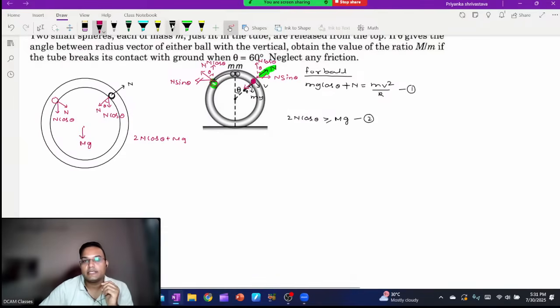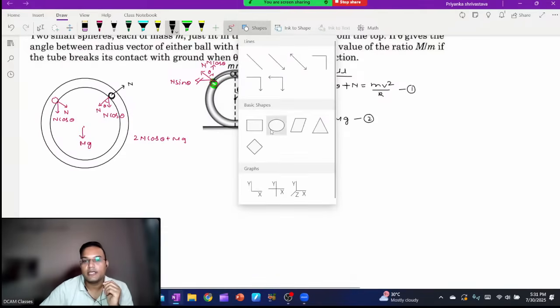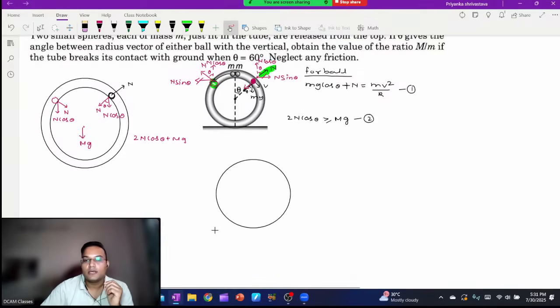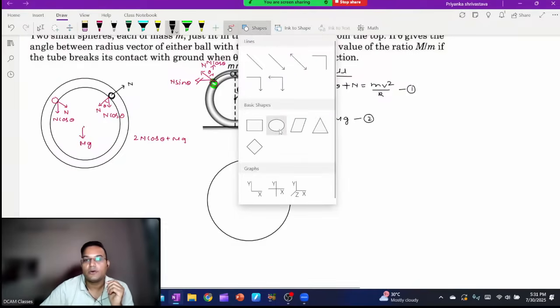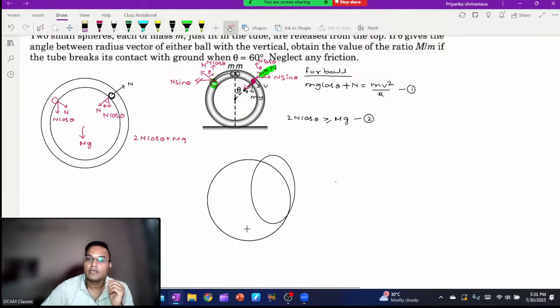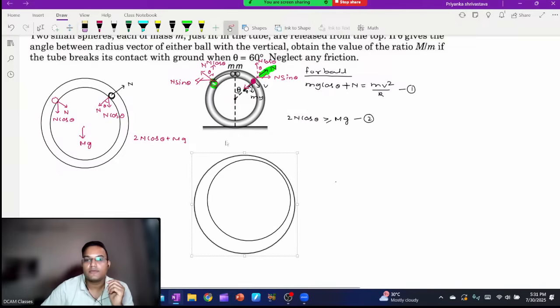The second case, what I thought was the second case, is when the ring is like this, when the ball is like this, but it's sliding on the outer surface.